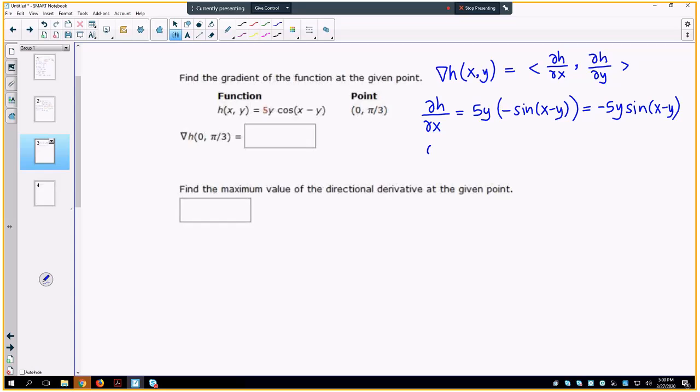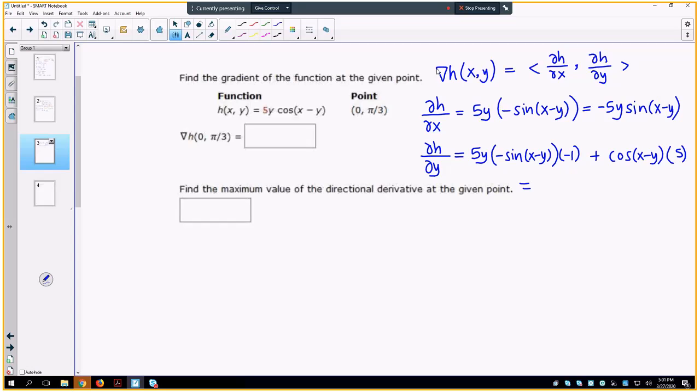Then I'll find the partial with respect to y. But since y appears in both terms, I need to use the product rule. So I'll do 5y times minus sine of x minus y, then times the derivative of the inside gives me 1 more minus, plus cosine of x minus y times 5.